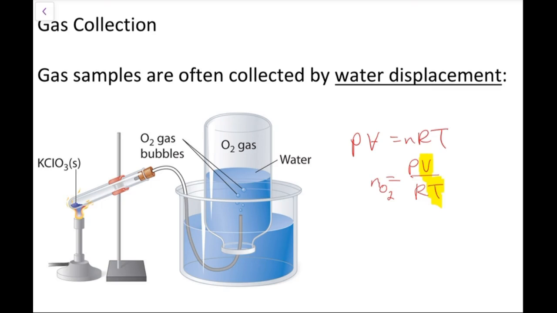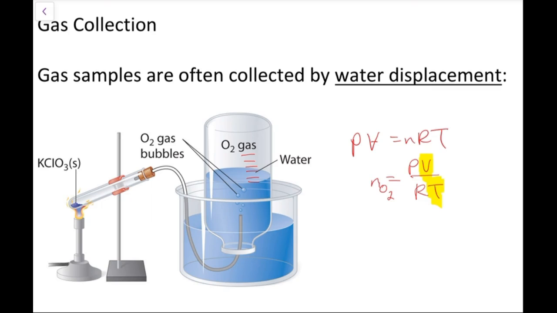If this were a graduated device, whatever the volume reading is from the side of the bottle would be the volume of my gas. Okay, so volume would be okay to use, and consider the volume of oxygen, just like the temperature would be considered the temperature of the oxygen. The pressure is a little different situation, though.